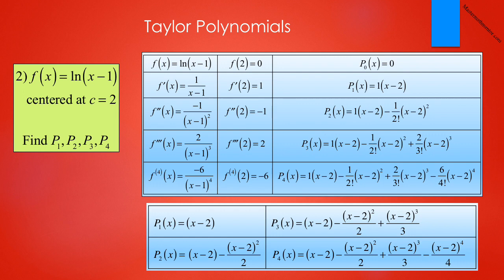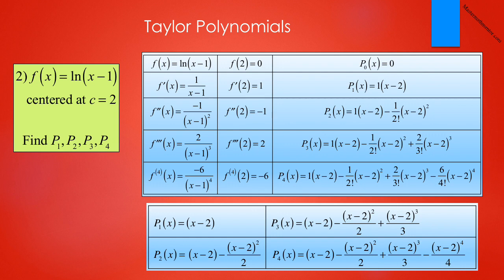The third degree will be x minus 2 minus (x minus 2) squared over 2 plus (x minus 2) cubed over 3. And finally, the fourth degree Taylor polynomial will be x minus 2 minus (x minus 2) squared over 2 plus (x minus 2) cubed over 3 minus (x minus 2) to the fourth over 4.